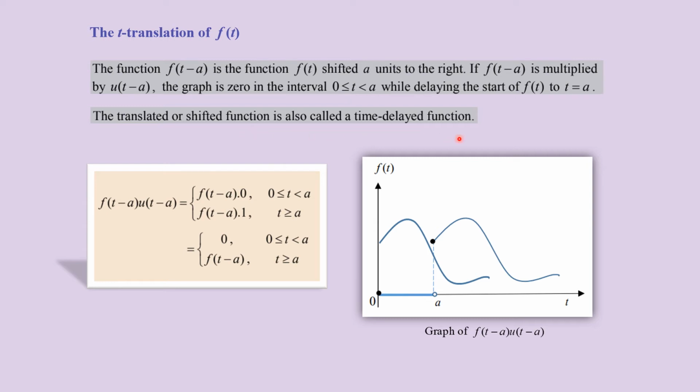Assuming that t is time, this graph is 0 in the interval t larger than or equal to 0 and less than a, while delaying the start of f(t) to t equals a. So the function does not operate within this interval 0 until a, but it starts to operate only after t equals a.